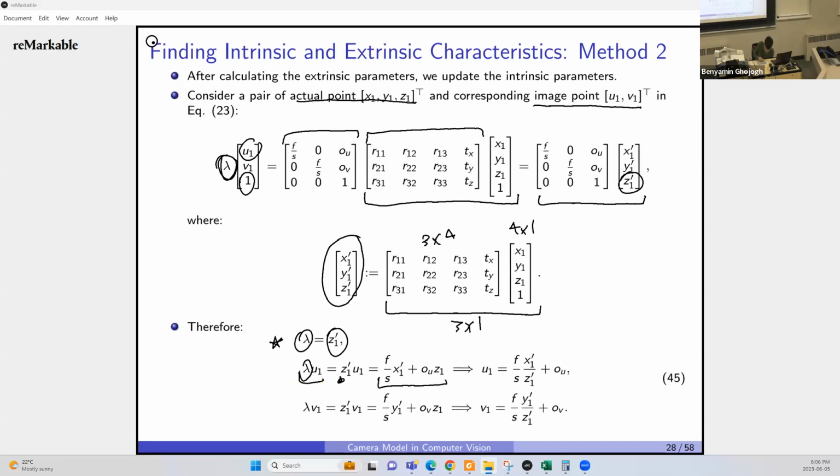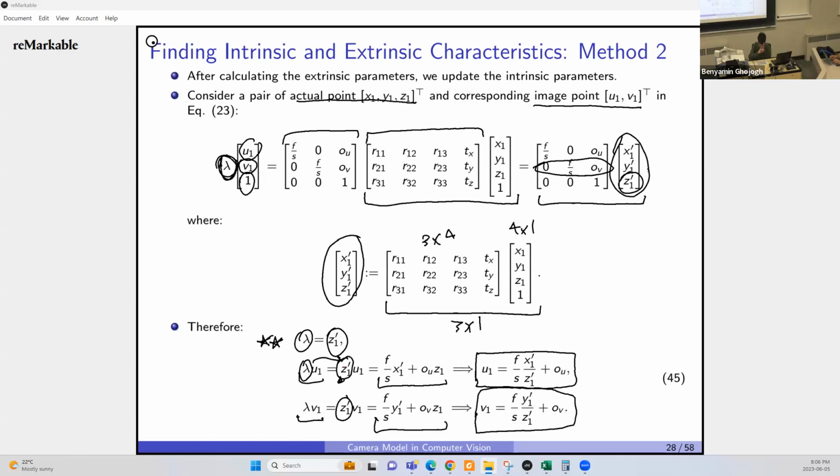And by the way, lambda, we all know that it's z1 prime. Therefore, I can replace lambda with z1 prime. So I rearrange the term, it gives me this. Likewise, I have lambda v1 equals this times this. So it gives me this. And I can replace lambda with what I found here, z1 prime. I rearrange this, it gives me this. Okay, again, two equations.